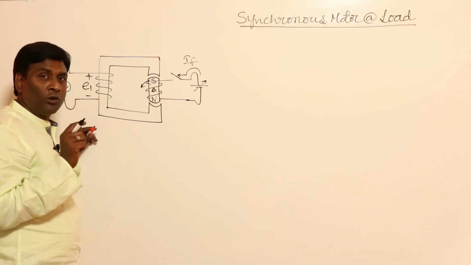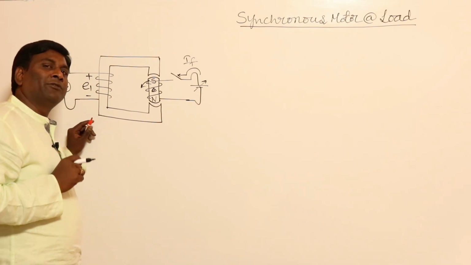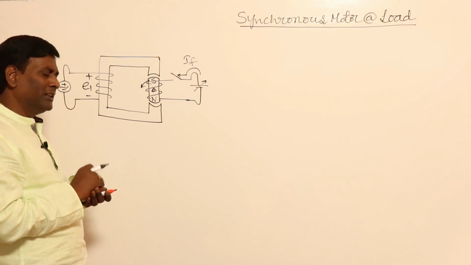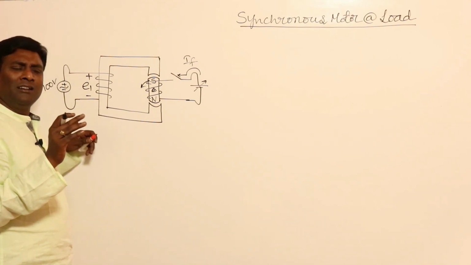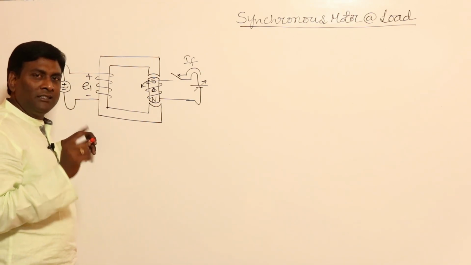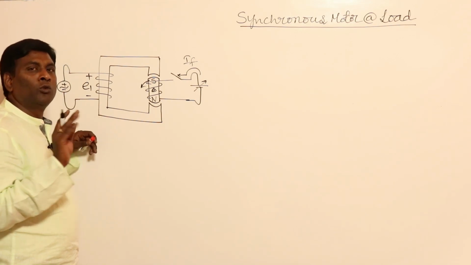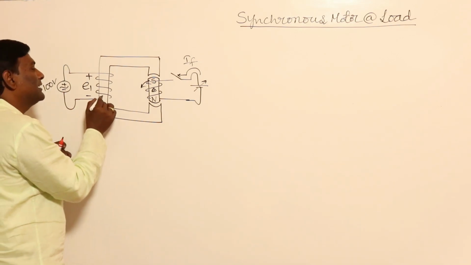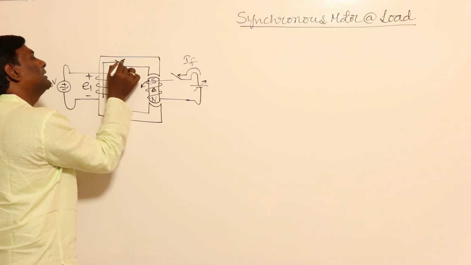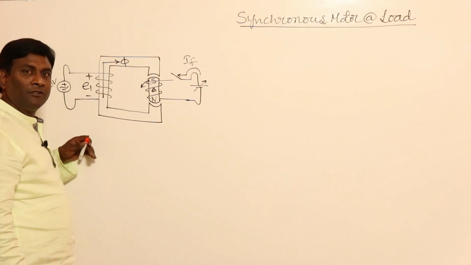In order to produce 1 volt, roughly 10 to the power of 8 flux lines has to be linked. But anyway, forget about that. Let us take the scaling factor such that one flux line is giving 1 volt. How many flux lines will be produced here? 100 flux lines.